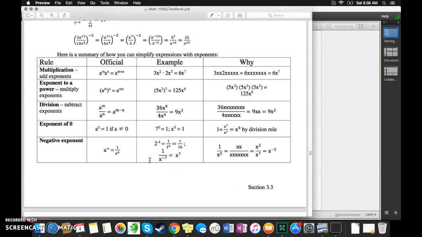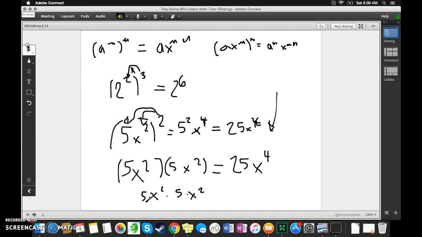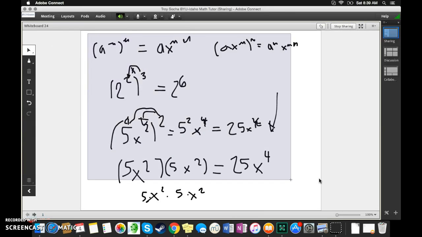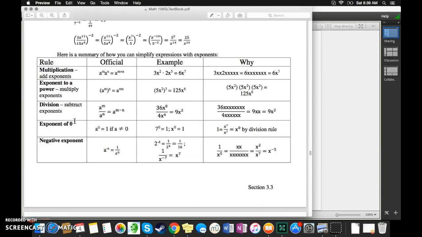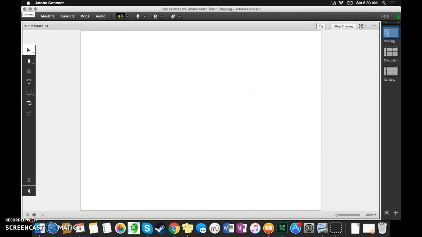All right, so now we're going to discuss one more rule, and then I'll make another one for division and negative exponents. We're going to discuss the exponent of 0. So 0 is a special exponent. 0 is always going to make any number equal 1.